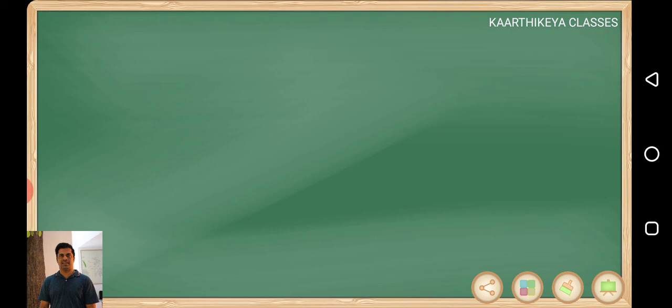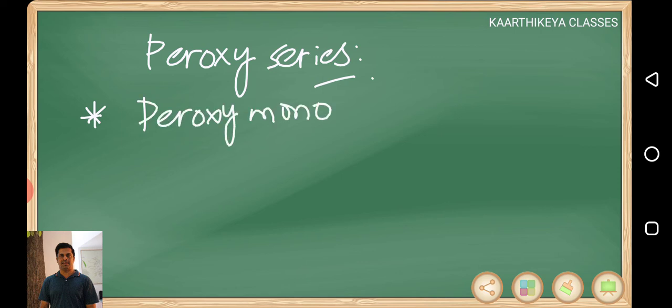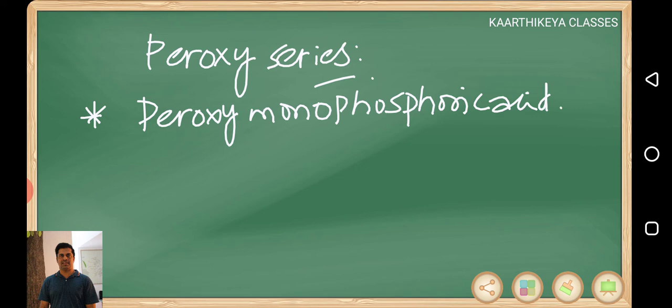In the peroxy series, we have 2 acids. The first one is peroxymonophosphoric acid. Not a regular one, but you can get H3PO5, like H3PO4 only.